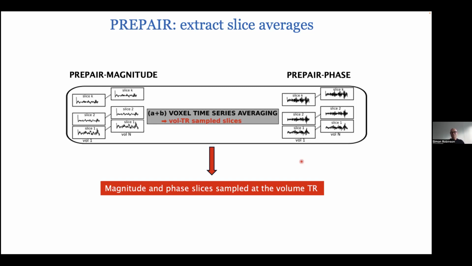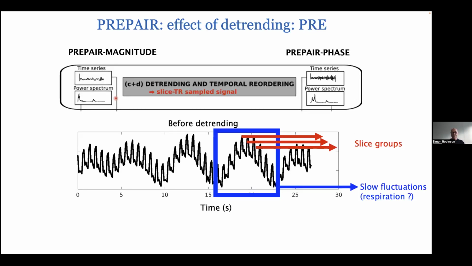So what we do is reorder these time courses that we've got for all the different slices. And if you put those together without any correction for slice effects, then you can see respiration nicely, these slow changes here. But we can see the effect of slice groups here. So this is one whole image where the amount of signal that we're getting just depends on the position in the object.